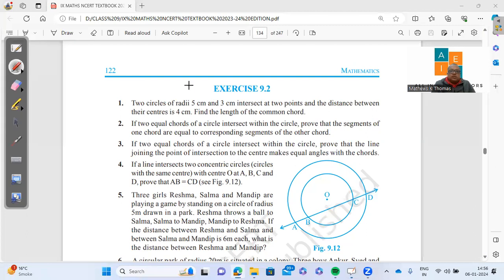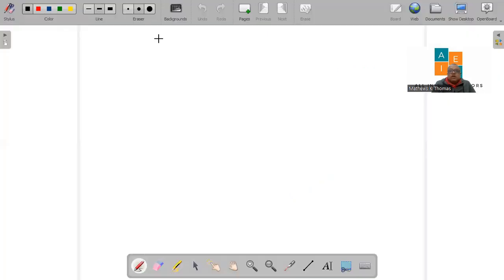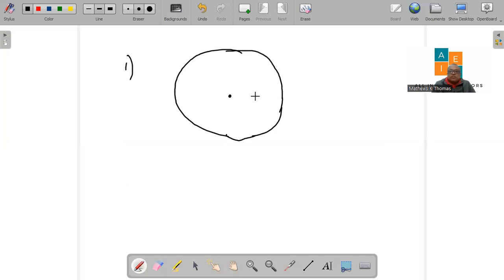Now we come to exercise 9.2. Two circles of radii 5 and 3 intersect at 2 points and the distance between the centers is 4. Find the length of the common chord. So here we have two circles. The first circle has a radius of 5.